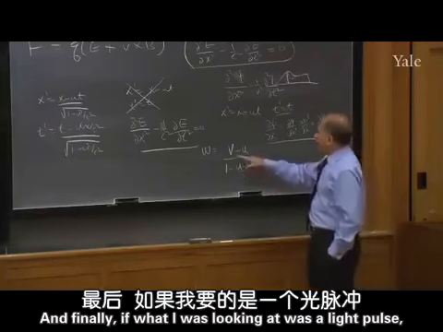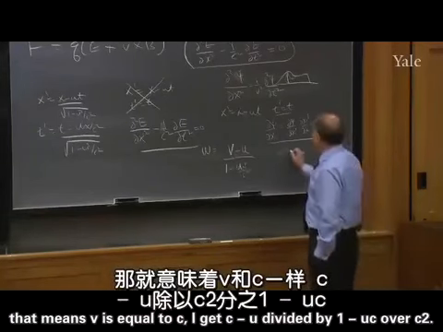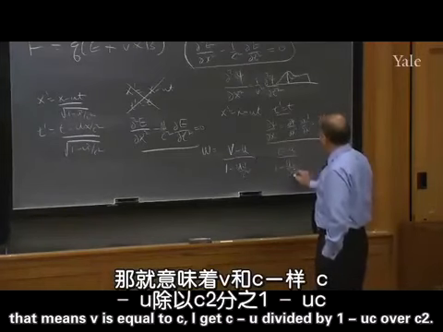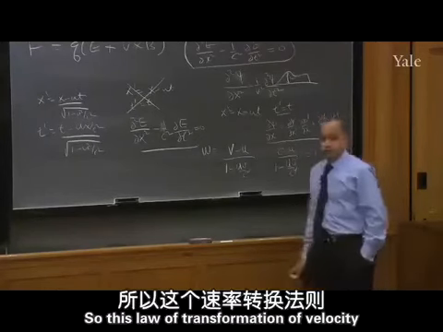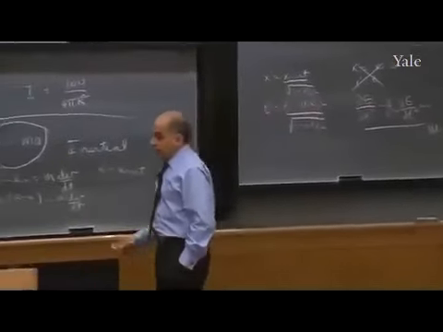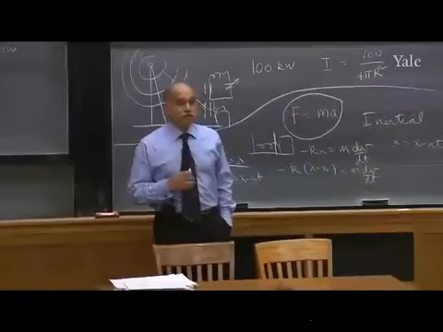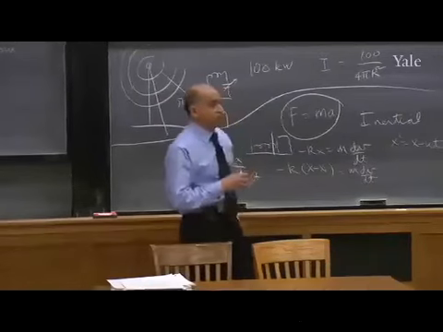And finally, if what I was looking at was a light pulse, that means v is equal to c, I get (c - u) / (1 - uc/c²). And if you fiddle with that, you will find it's c. So this law of transformation of velocities has an amazing property that if I'm observing a light pulse, it's got a speed c, you will also get a speed c. So it's a very beautiful way in which the mystery was resolved.